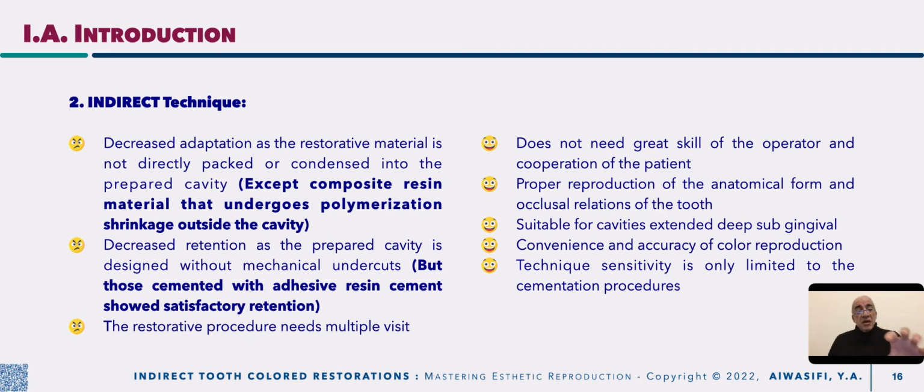Your systems for indirect restoration, and now for direct restoration also, have special shades for dentine and special shades for enamel. You could add characterization stains. All of these facilities enable you to layer your composite resin much more conveniently, if you are using composite, or ceramics, which were actually the first indirect tooth-colored restoration introduced before composite came to this field, okay?